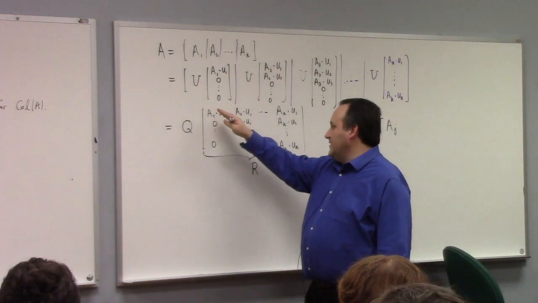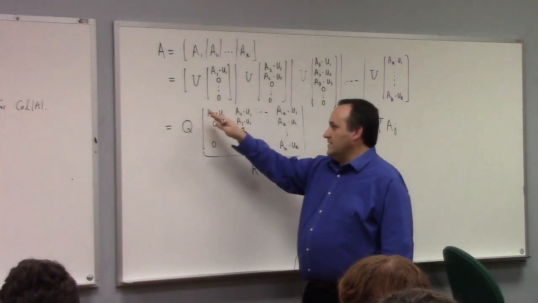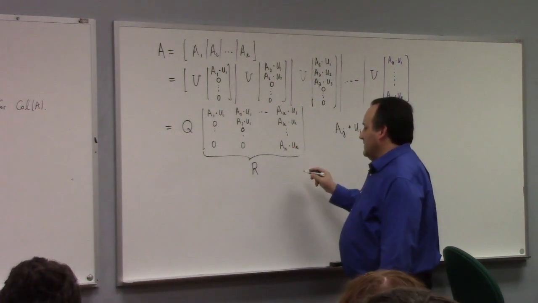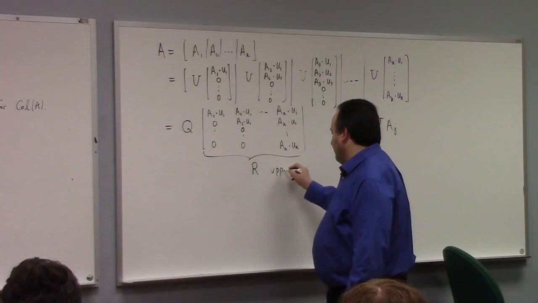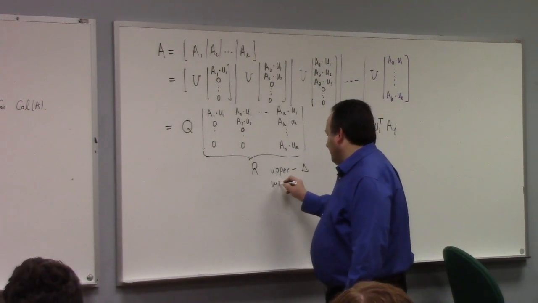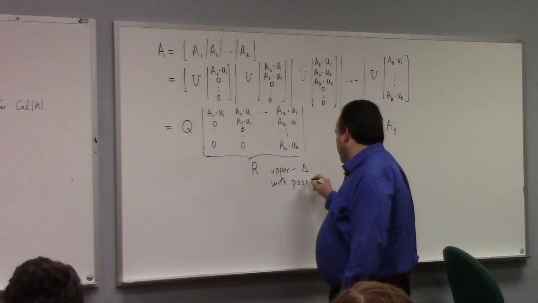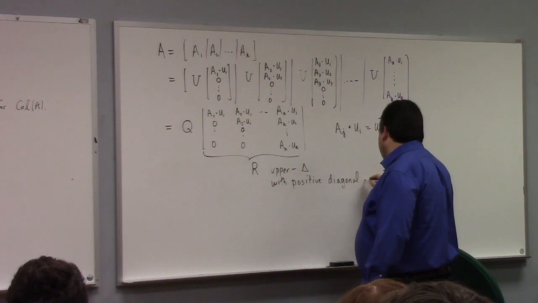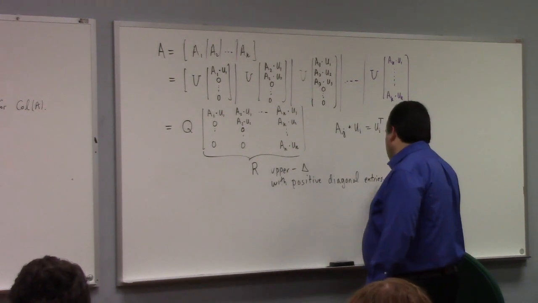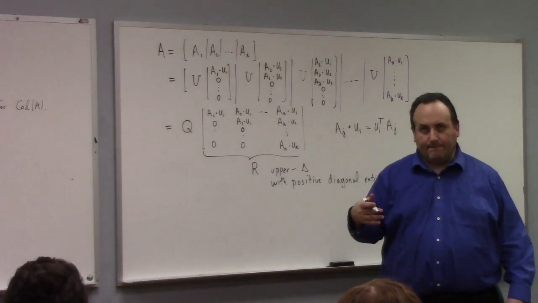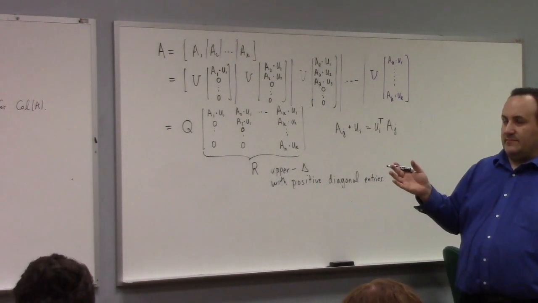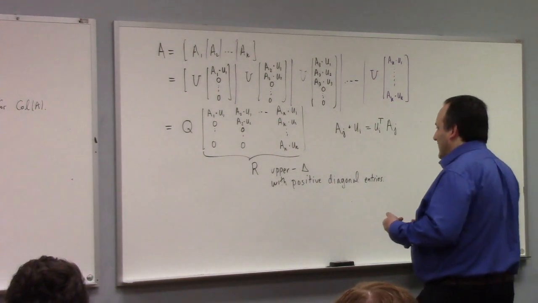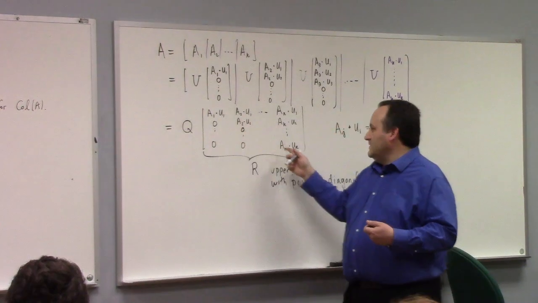And when you study it, you can arrange it so that all of these entries are positive. So it's upper triangular with positive diagonal entries. There's a possibility that if you ran Gram-Schmidt in, well, I wouldn't say an incorrect way, but it's potentially possible that you end up with a negative number here, he says in the book.